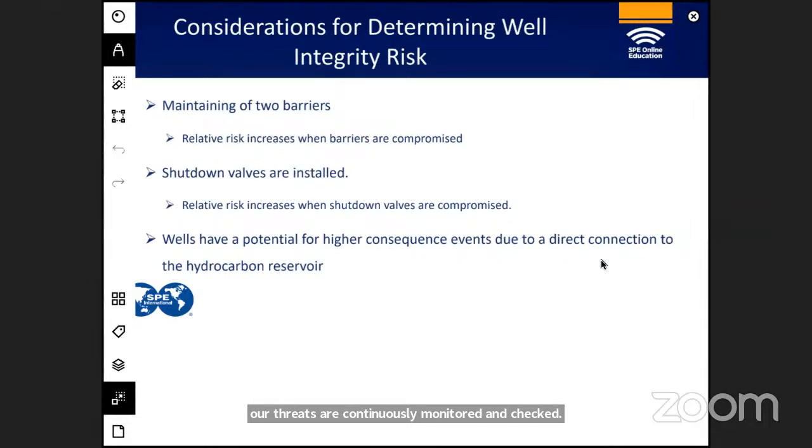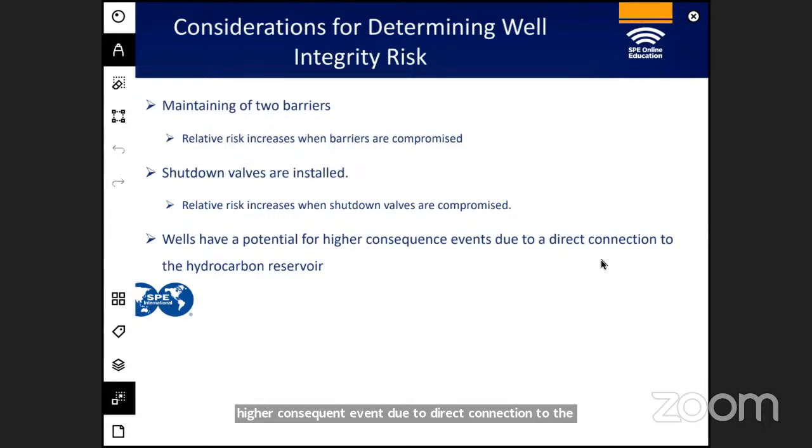So, considerations for determining well integrity risk: we have to follow the basic principle of maintaining 2 barriers. We have to ensure that the shutdown valves are installed, operated and tested. Wells have a potential of higher consequence events due to direct connection to the hydrocarbon reservoir.